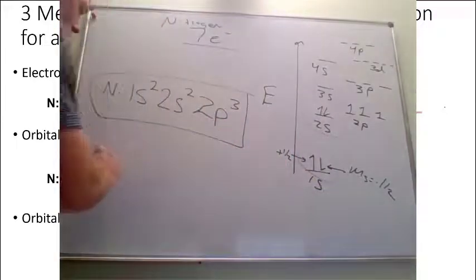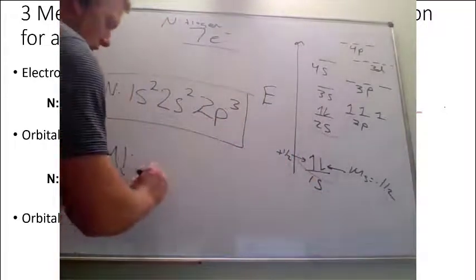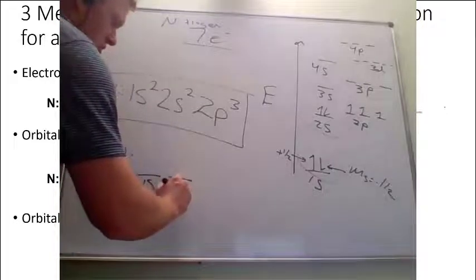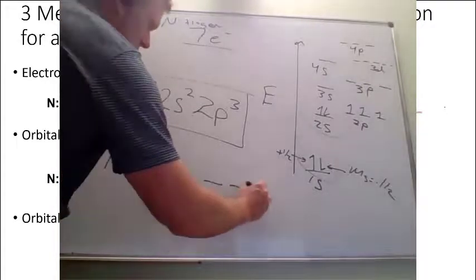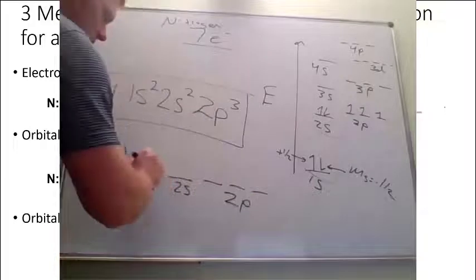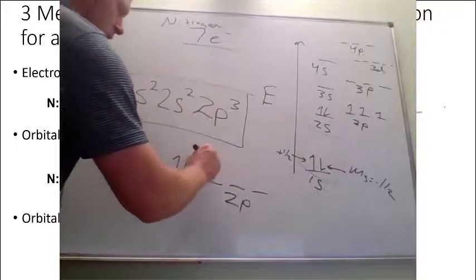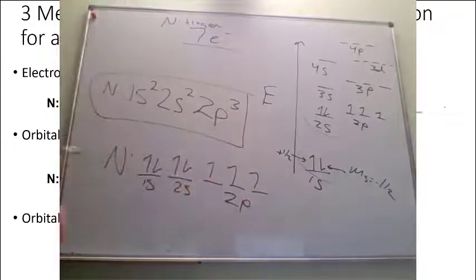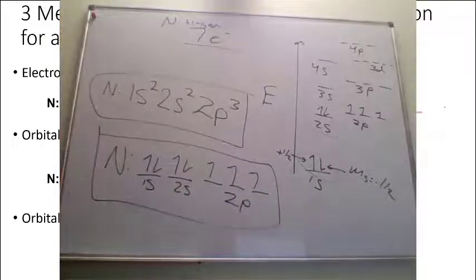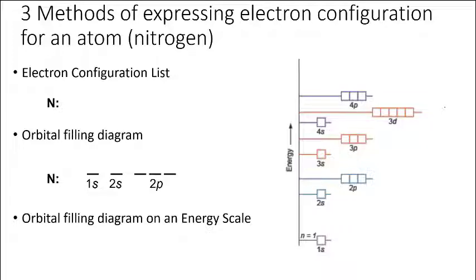For nitrogen, we'll have a 1s orbital, a 2s orbital, and three 2p orbitals, and we'll write each of these individual electrons into the orbitals. This would be the representation for the middle. So all three of these are equal, and they are all acceptable forms of electron configuration.